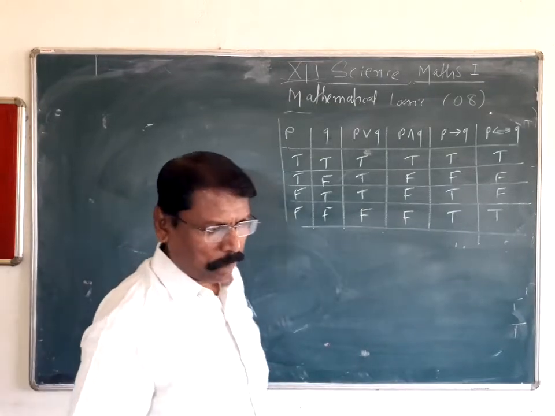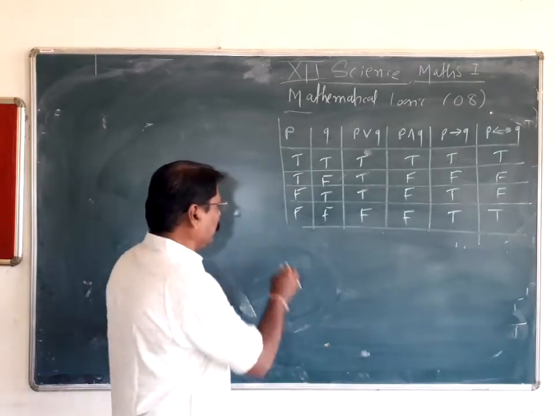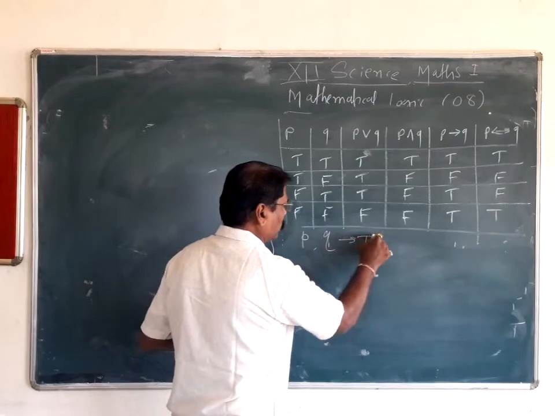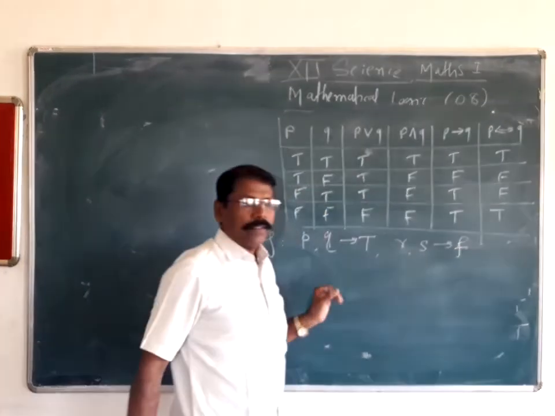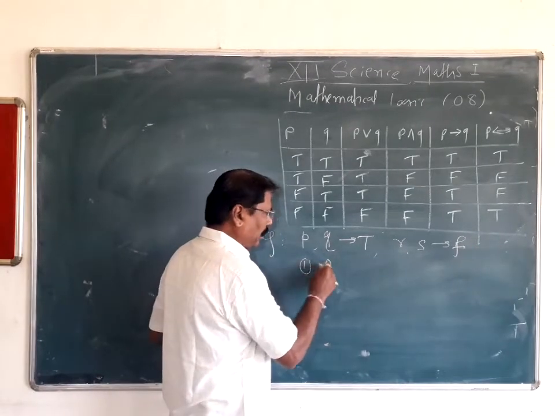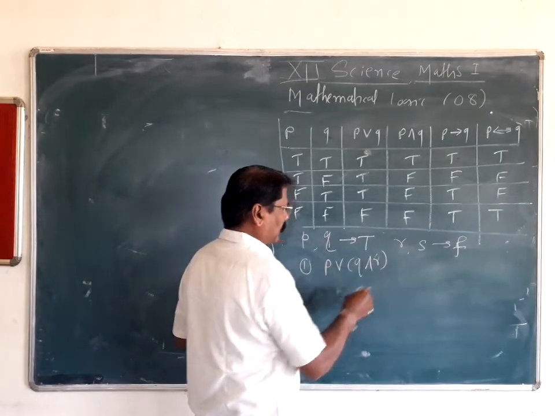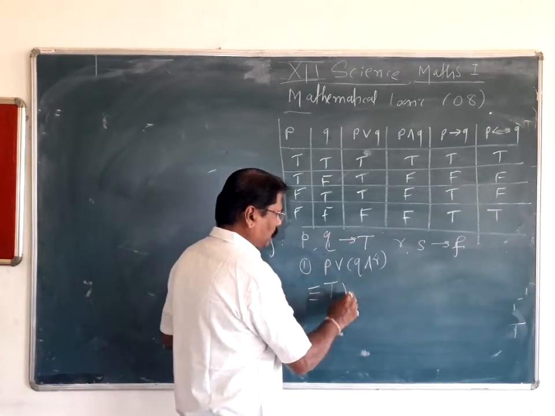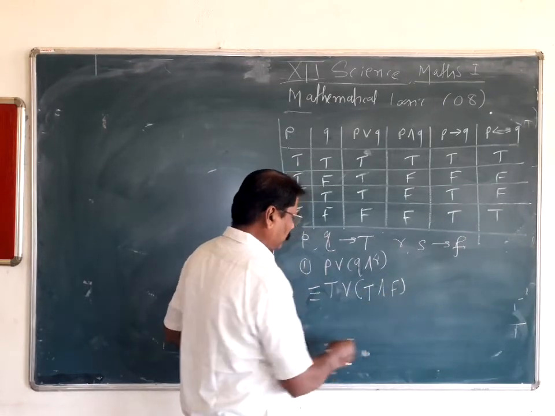Next question. If the statements P and Q are true, and statements R and S are false, write the truth values of the following statements. The first: P ∨ (Q ∧ R). So P is T, Q is T, and R is false.